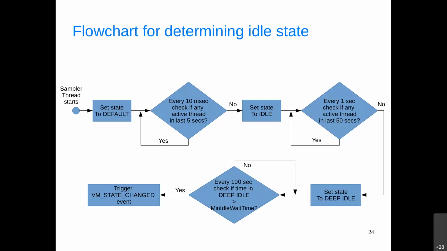So this is how OpenJ9 is able to detect the transition from the active to idle state based on the sampler thread's state detection logic.